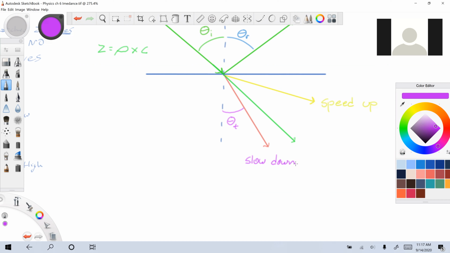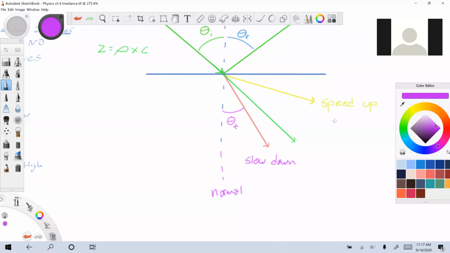If the speed of sound increases in tissue 2, it will refract away from the normal. Remember, that is our normal. Beam comes in at an angle, it goes away from the normal.